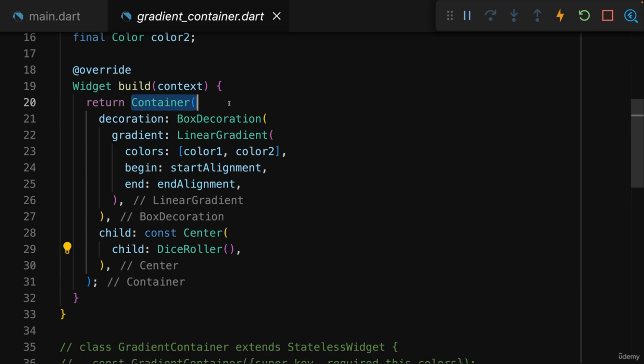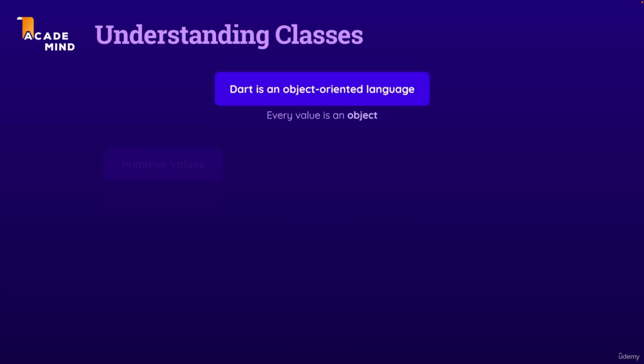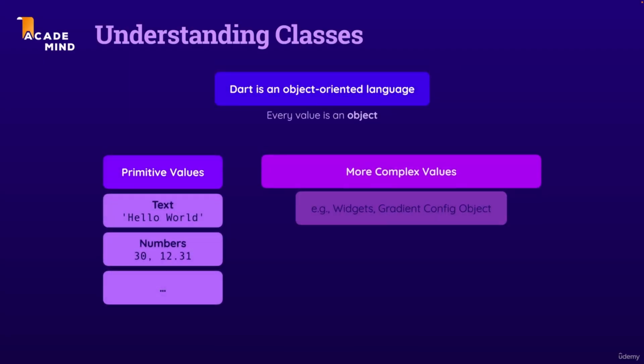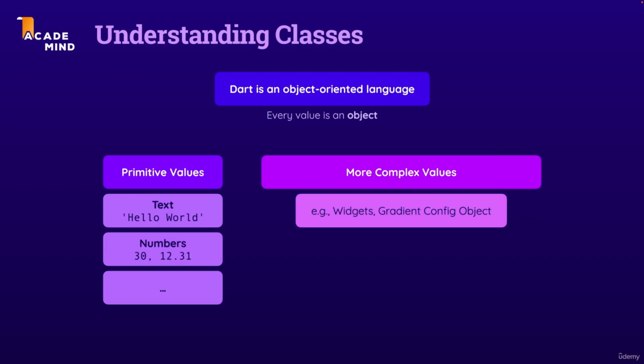And these things here are actually objects based on classes, as you learned. Because Dart is an object-oriented language, and therefore all values in Dart are objects. That includes simple values like text or numbers, but it also includes more complex values like widgets.